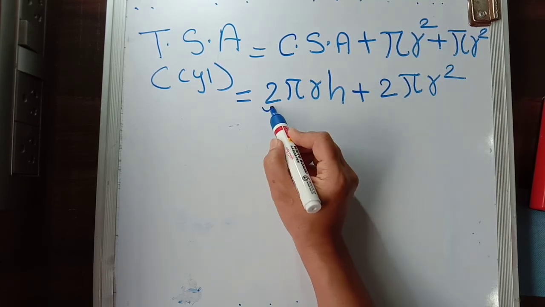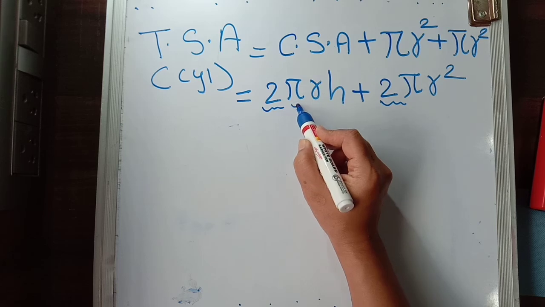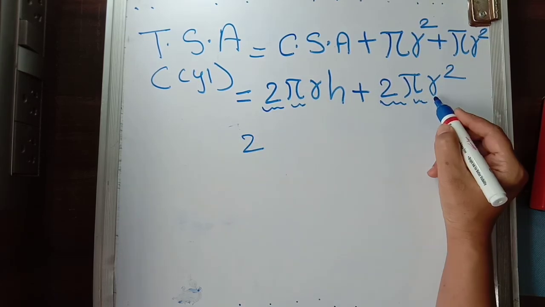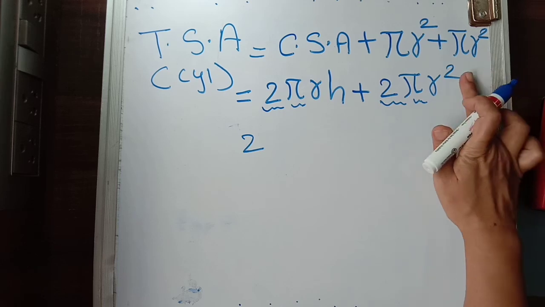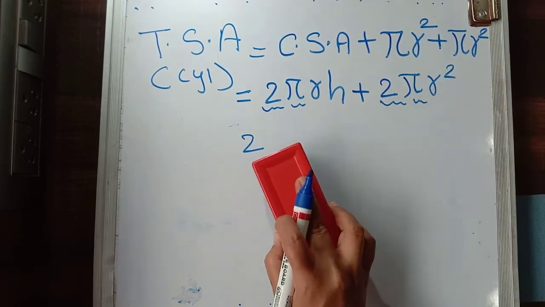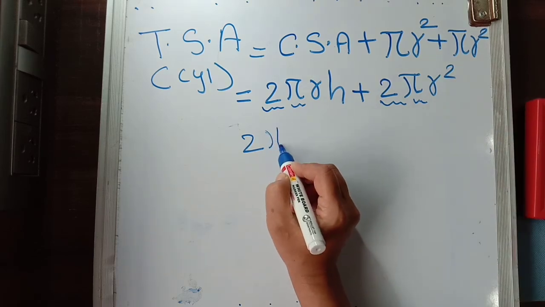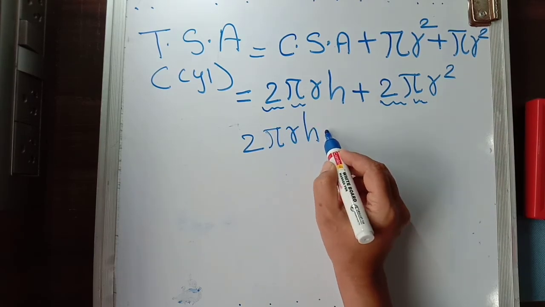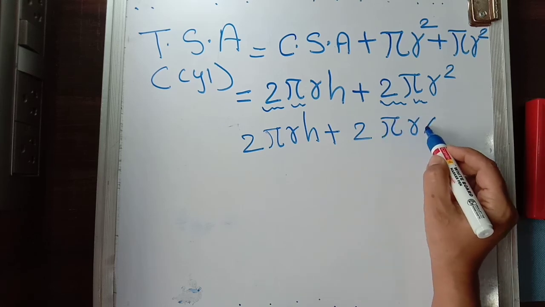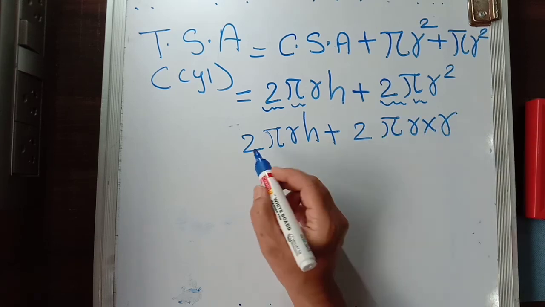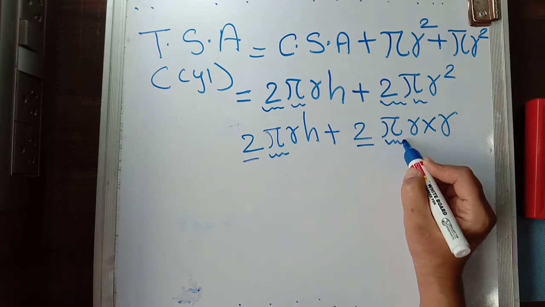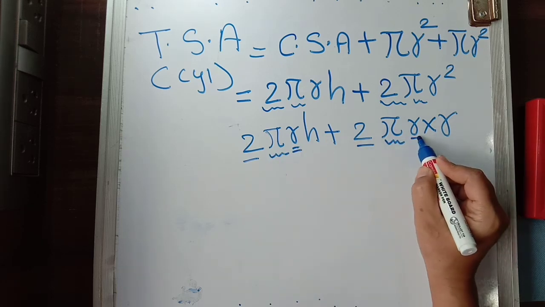What is common? 2 is common as well as pi is common, and 1 r is also common. R square we can write as r into r, so let me include one more step over here: 2 pi r h plus 2 pi r into r. Now let us take out the common. 2 is common, pi is common, 1 r is common.